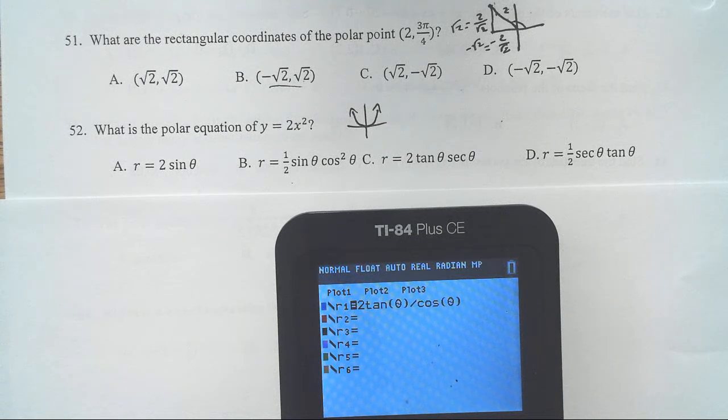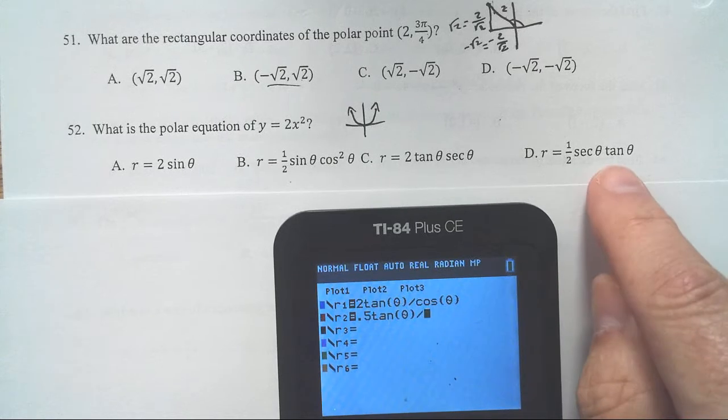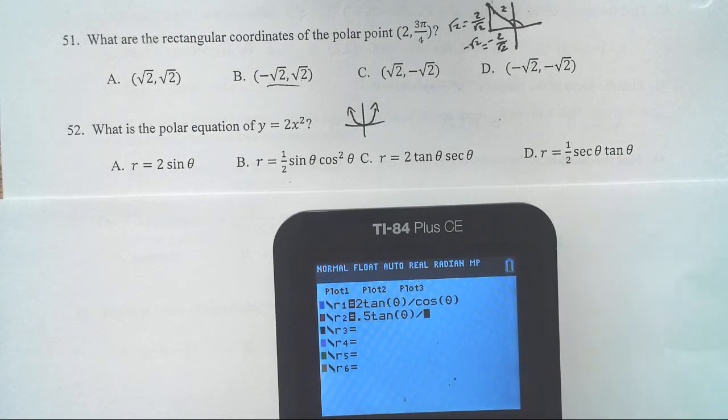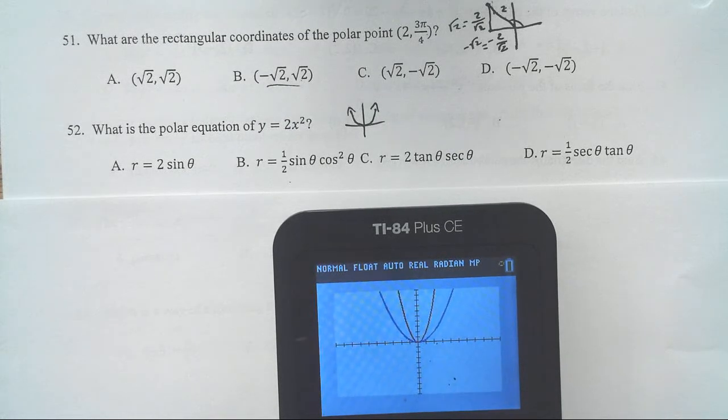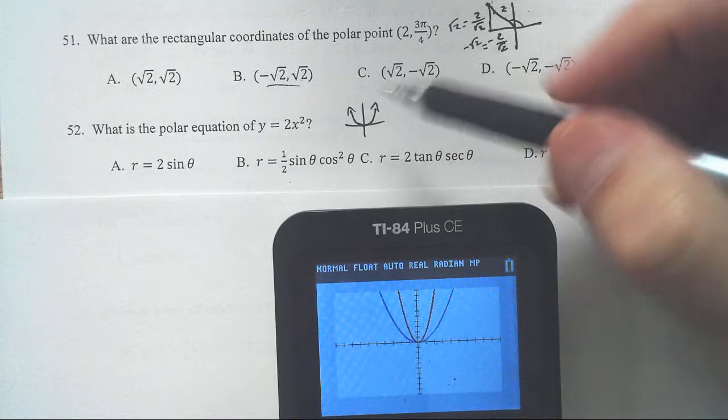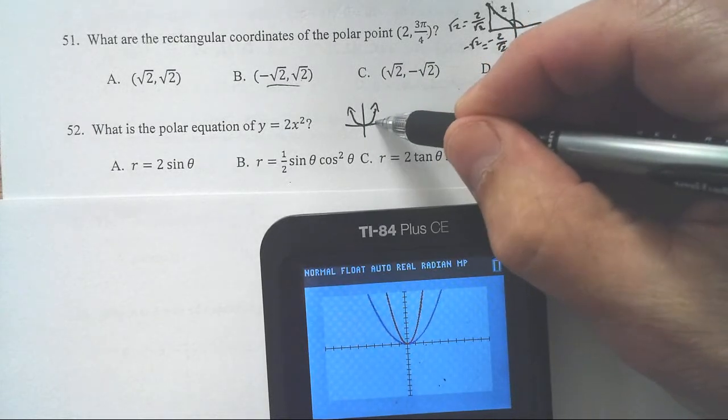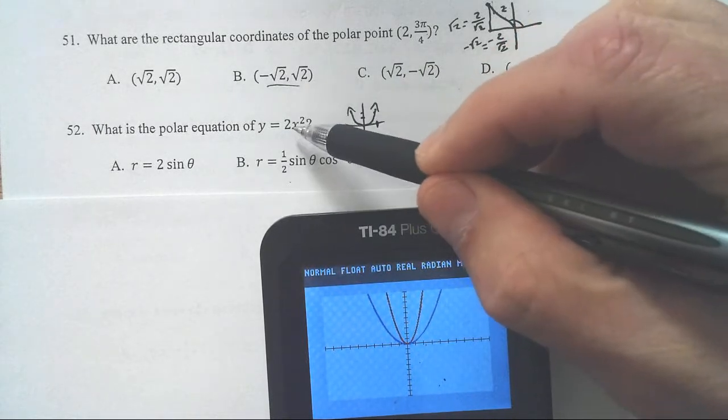So I'm just going to go 0.5, or 1/2. 0.5 tangent theta divided by cosine theta. It doesn't matter which order we do it in. And I graph that second one, and it's the taller one. By the time I get over 1 unit, I should be up 2 steps here.